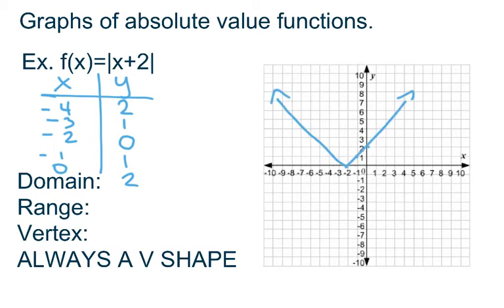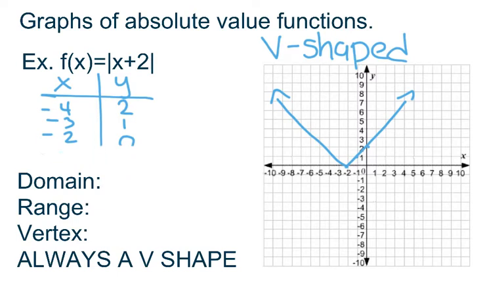Alright, so if you'll notice, anytime we have absolute value graphs, these are V-shaped graphs. So if you don't see the V, you probably didn't use enough values of x. But that's pretty easy. I'm just going to erase this to give myself some more room. Okay, so the domain, remember, is your x values, how far left and right it goes.